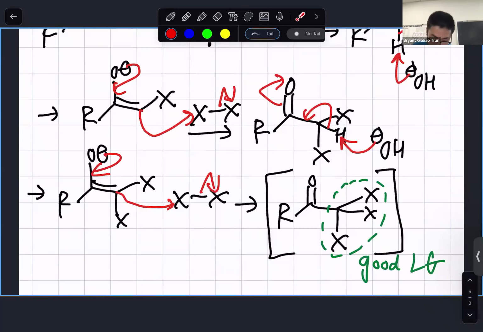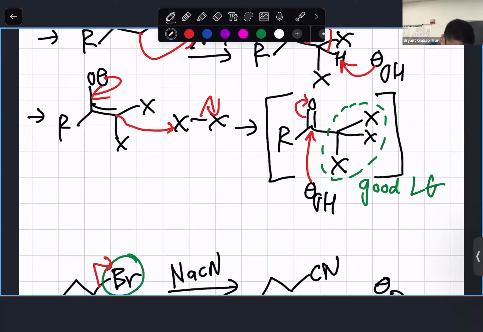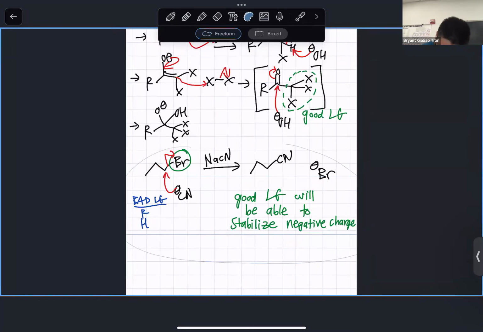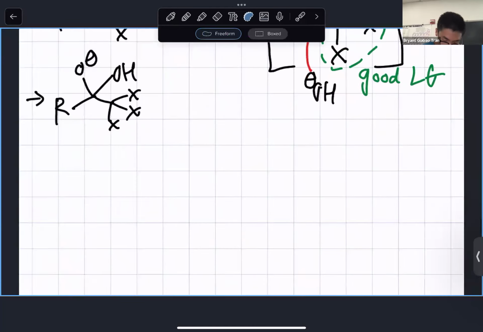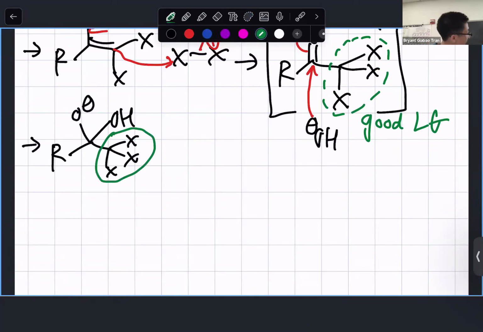So the next step here is that we're going to bring in the hydroxide base, attack that carbon, pop the double bond onto the oxygen to get this structure here. Now, once we have this structure here, we do have a good leaving group, which is this CX3 here.